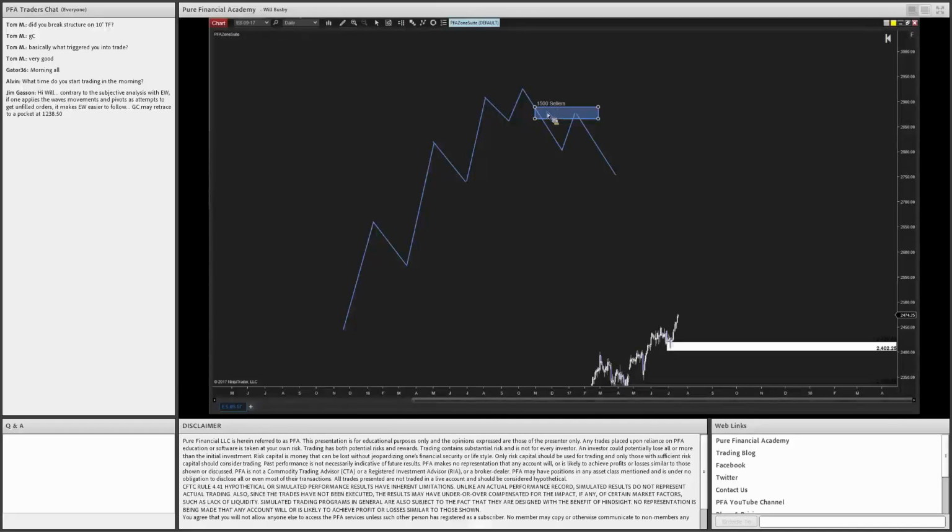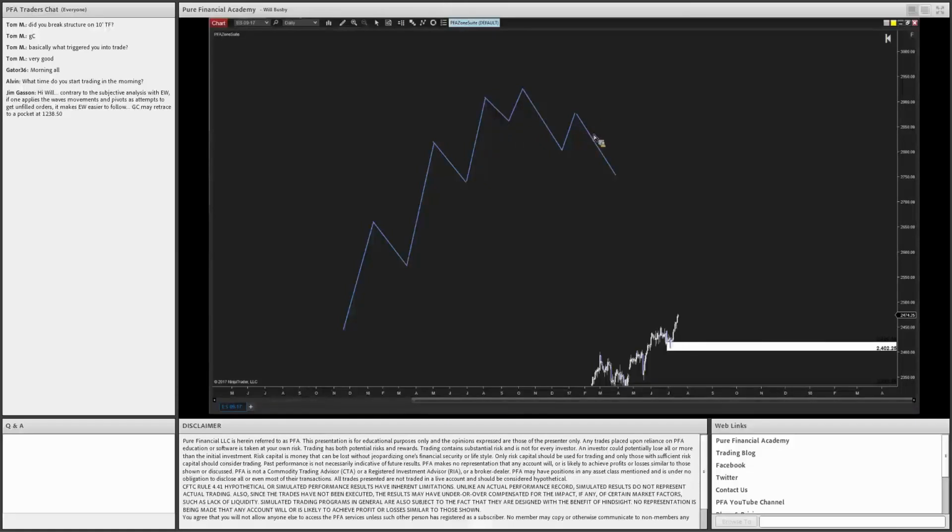I mean, anything, it doesn't necessarily matter. It's all about the way that you define it. How do you define your levels? Are they qualified? Has market structure told you that you have permission to do that? Things like that. All right. So again, 1,500 to 1,000, we look at the sellers.